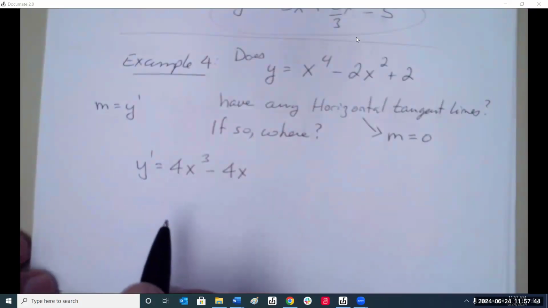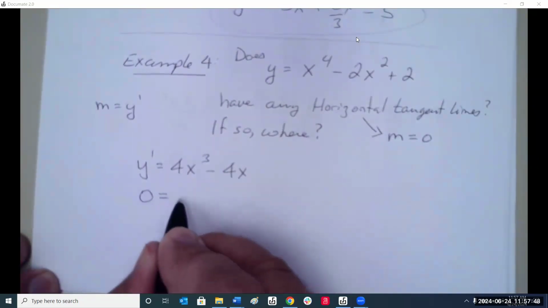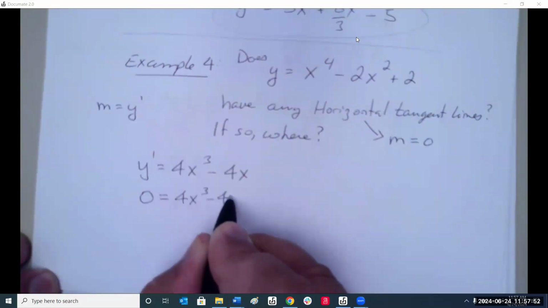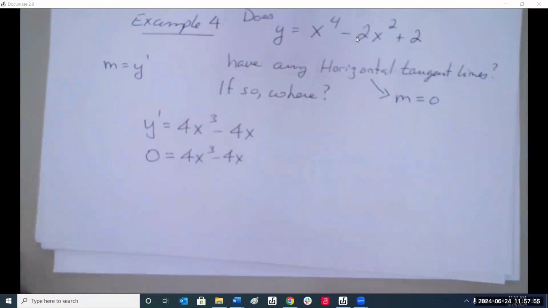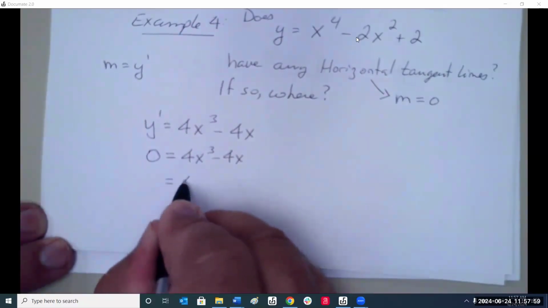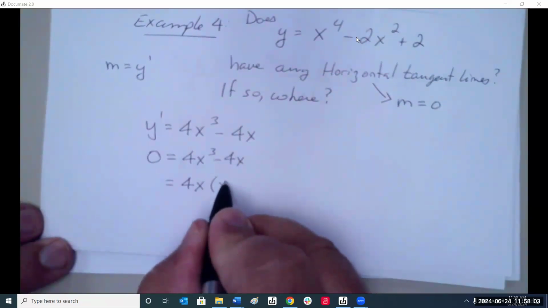So what we have to do now is set this equal to 0 and solve for x. Factor 4x out of both of those.